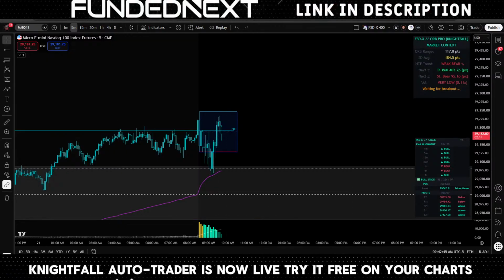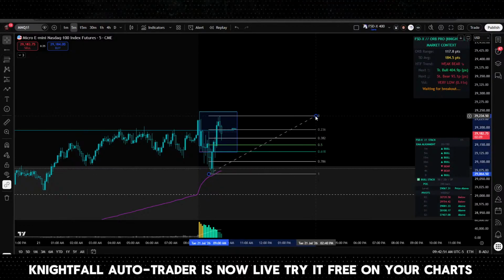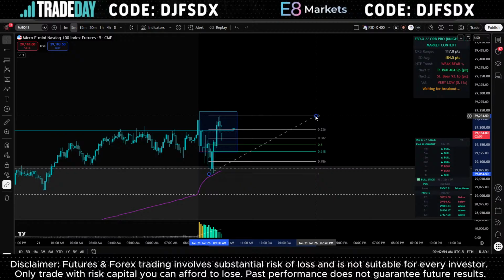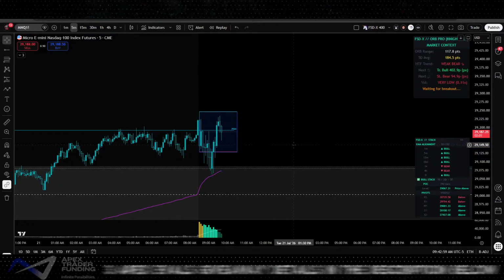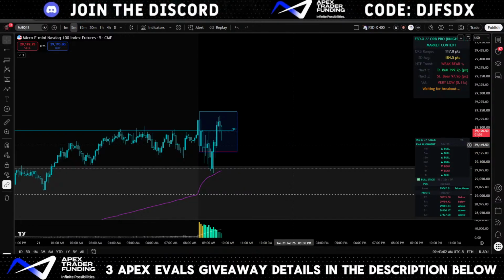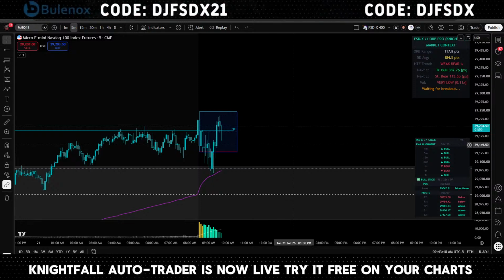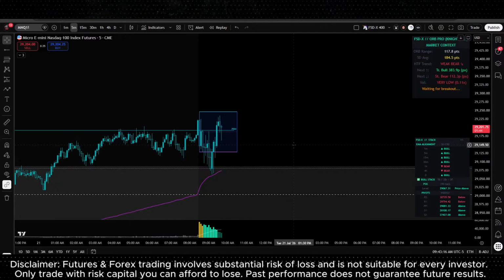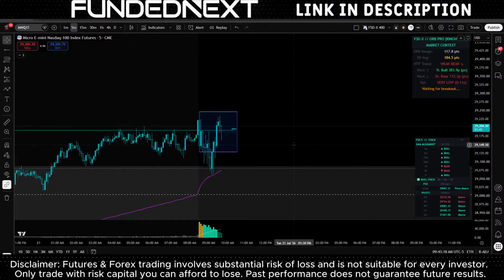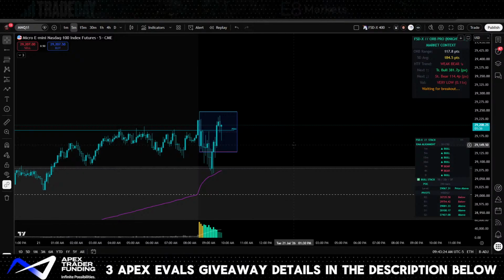All right, let's see what this looks like with the fib levels here. 2.8 or 3.82 level, very shallow pullback. All right, see how we close. Definitely looking like buys are on the table.